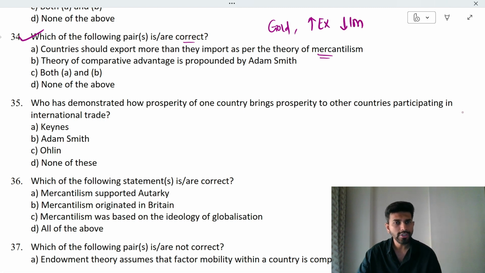So, countries should export more than they import is the correct answer. A is correct. Theory of comparative advantage was given by David Ricardo, and Adam Smith has given absolute cost advantage theory. So B is wrong. Option A is correct.